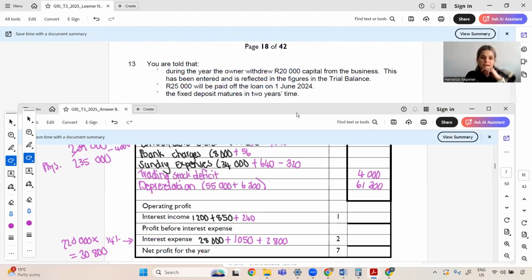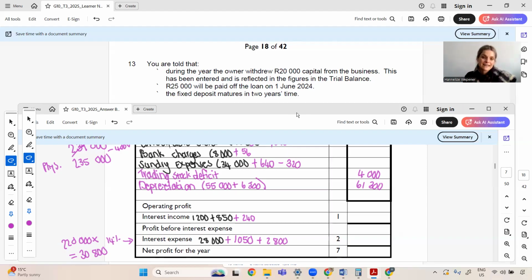25,000 Rand will be paid off the loan on the 1st of June 2024. The reason for that is if you do your SFP, which we are not doing now, you have to keep in mind that any amount that is repayable within the 12 months following your financial year is no longer seen as a non-current liability.